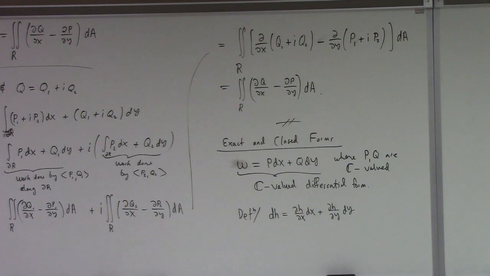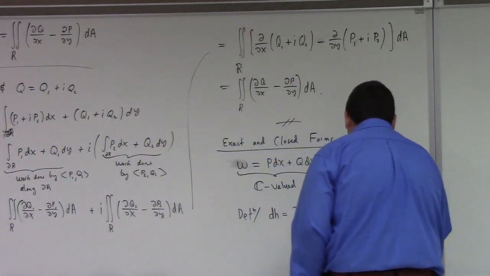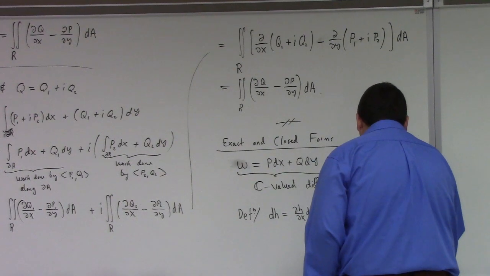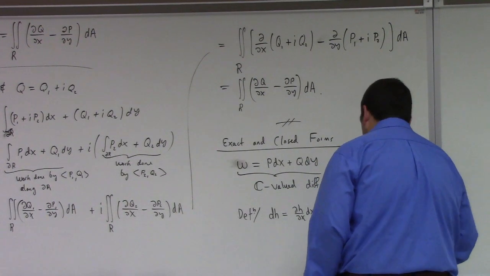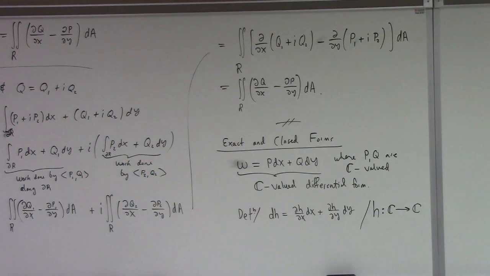In Calculus 3, h was a function from, say, R2 to R. It was real valued. Now I want to think about h being complex valued. So here we're thinking about h being a function from C to C. It's a complex valued function, and we just took the differential of it, and it gave us a differential one form. All right? This is something we can do. That's how you define it.